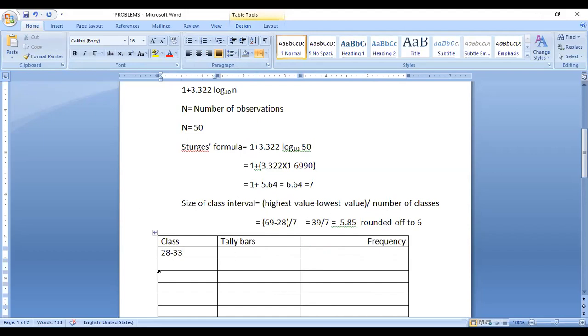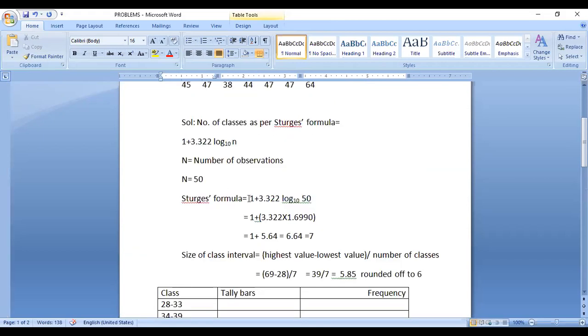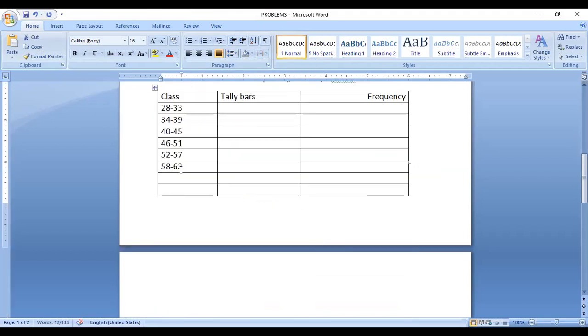So 28 plus 6, the next class will start with 34 to 39. 34 plus 6, 40 to 45, 46 to 51, 52 to 57, 58 to 63, then 64 to 69. So like this it will come.